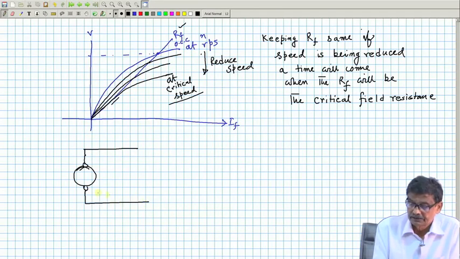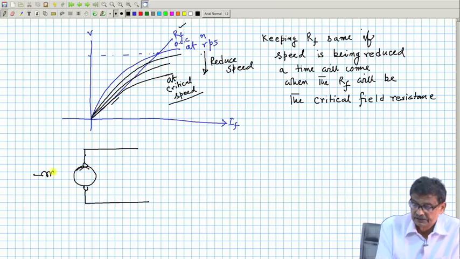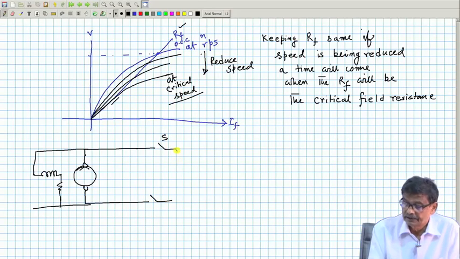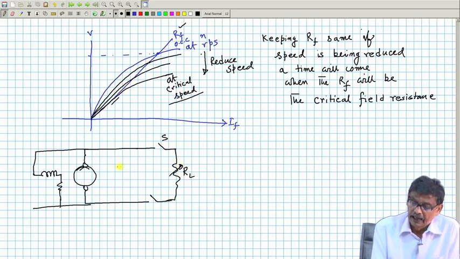This is armature, this is field, and here is your switch, and here is your load resistance RL, which can be varied, and this is the terminal voltage.